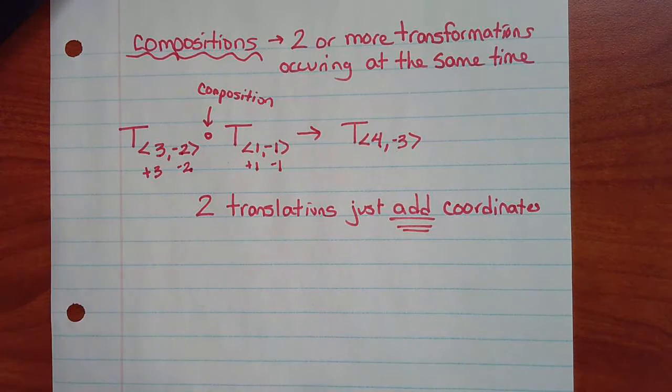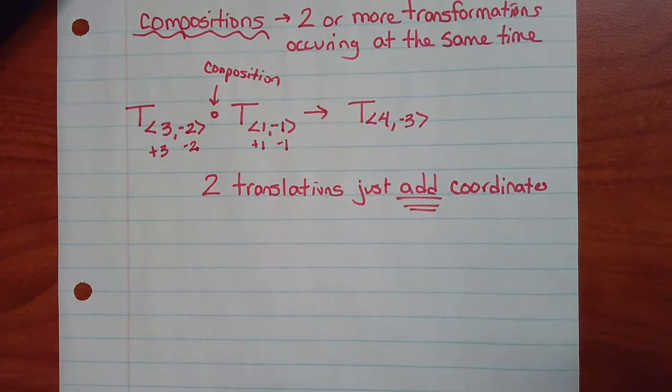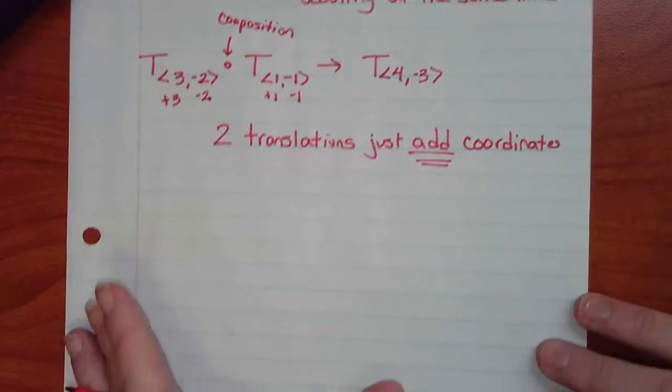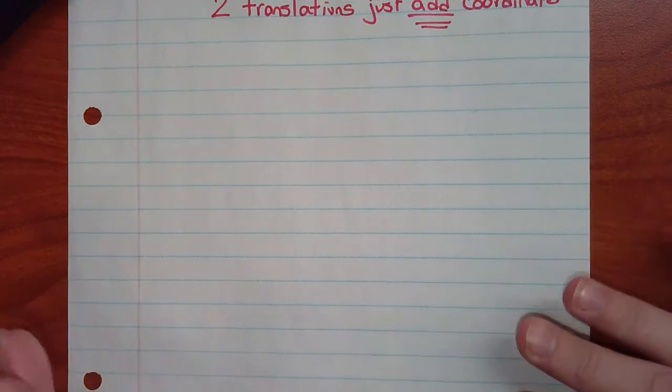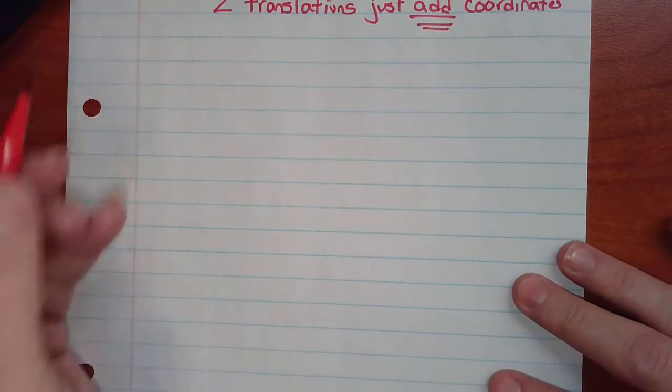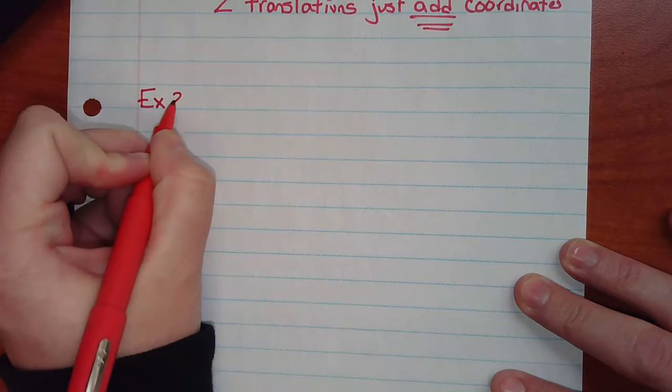Gets a little hairy here with this next one. We're going to take a point, points, plural, and we're going to do a translation and a reflection. So let's take a look at this. This will be like example 3 at this point.